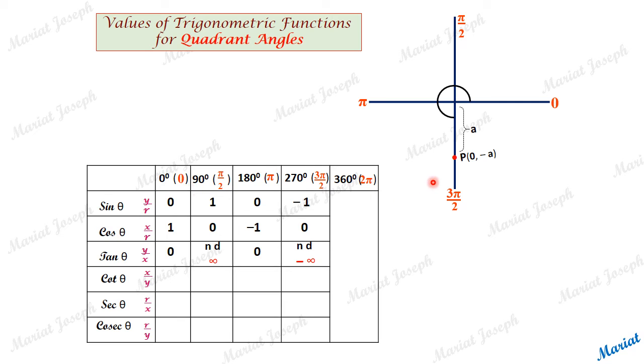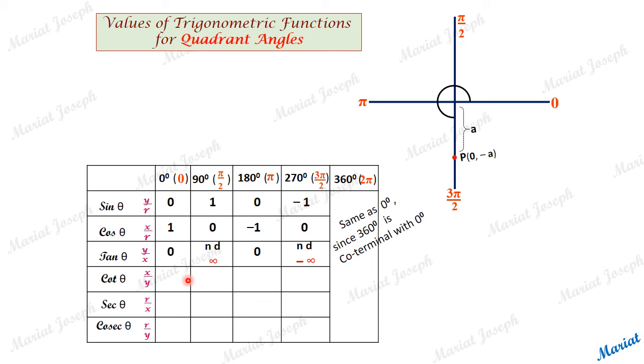And since coterminal angles have the same trigonometric function values, these values will be the same as that of 0 degree itself. 360 degree and 0 degree are coterminal angles, so they will have the same trigonometric values. No need to find them once more. They are the same values.